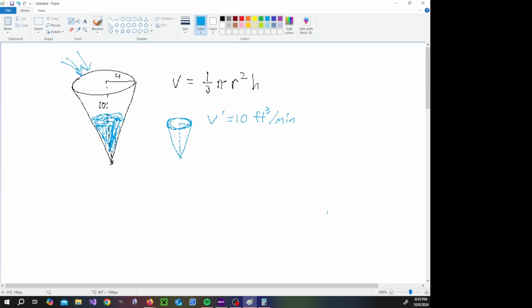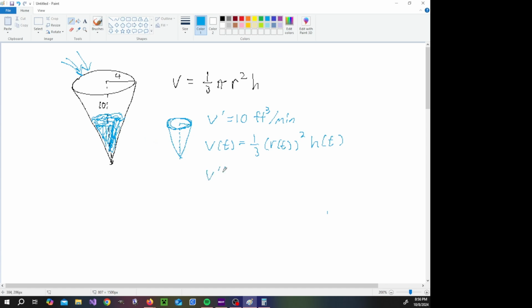So first what we can do is say, okay, if volume is changing with respect to time, then really we know the radius is changing with respect to time and the height is changing with respect to time, right? As this cone is getting filled, the radius of the cone of water as it sits inside is getting bigger and also the height is changing as well. So we would want to set it up like this.